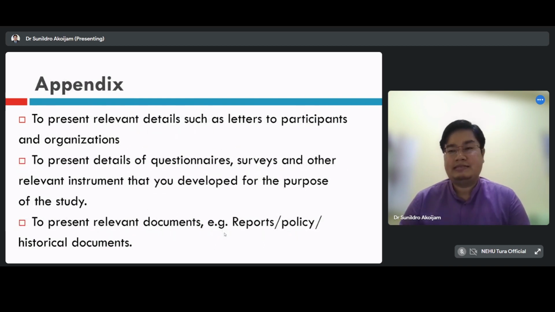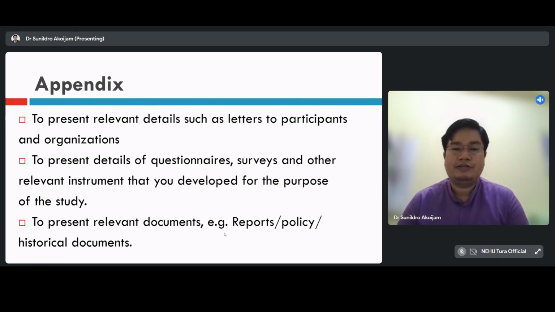Next is appendix. Appendix is not compulsory, but in some cases wherein you feel that any document, pictures, graph or chart or any data which you have not enclosed in any of the other elements that we discussed, and if you feel that this document or these pictures or data will be important in the evaluation of your paper, then you can include all those things under the appendix section.